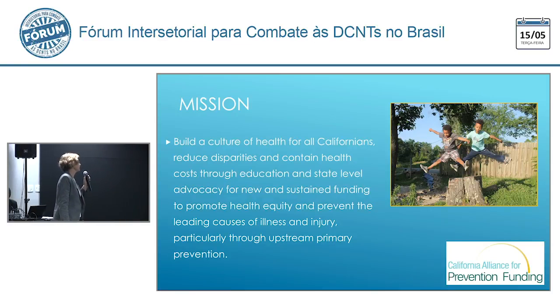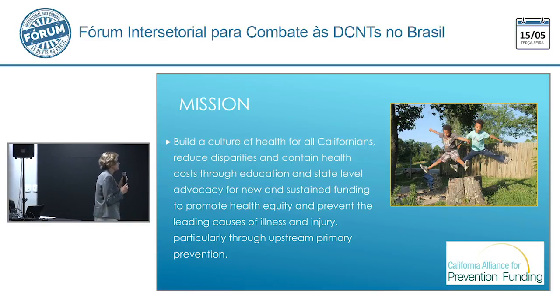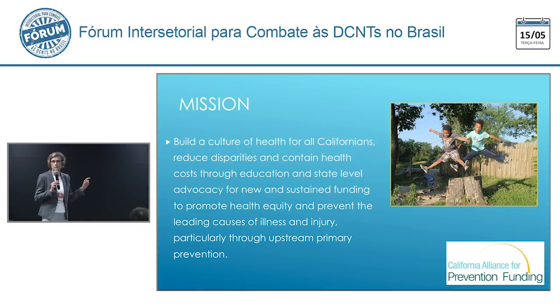We want to build a culture of health for all Californians, reduce disparities, contain health costs through education and state-level advocacy for new and sustained funding to promote health equity and prevent the leading causes of illness and injury, particularly through upstream prevention.